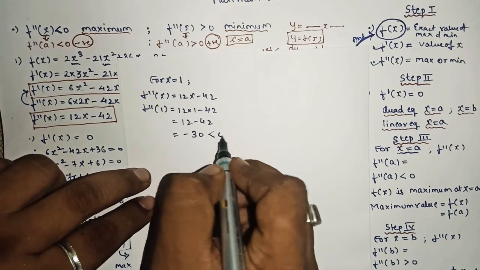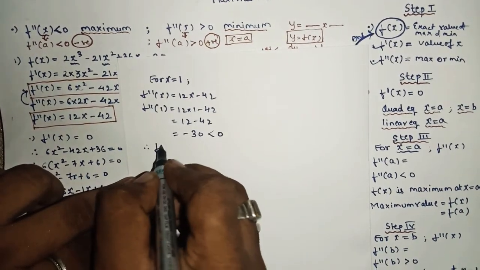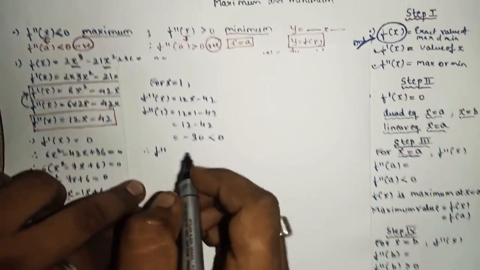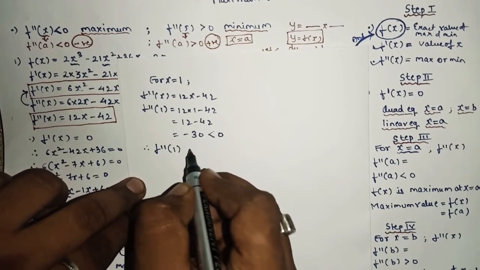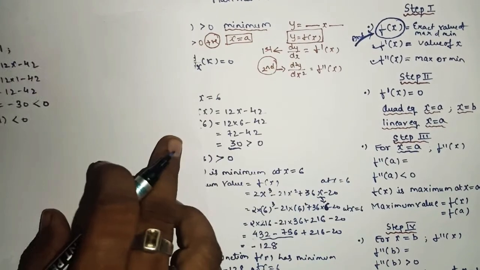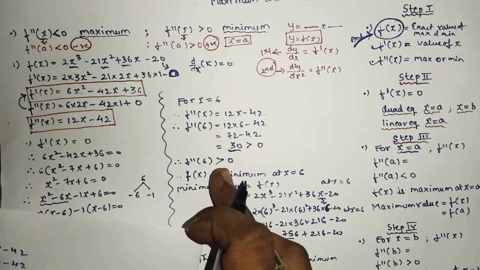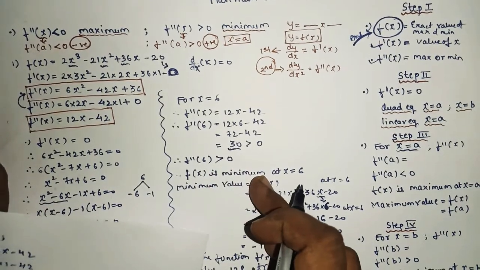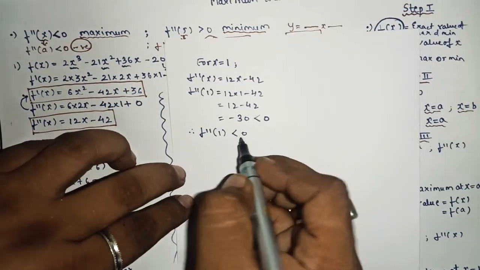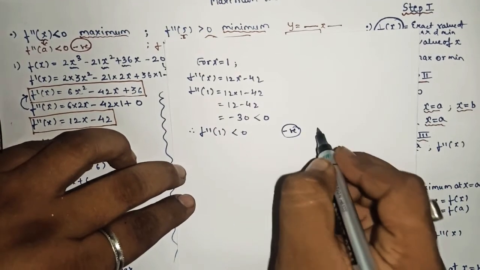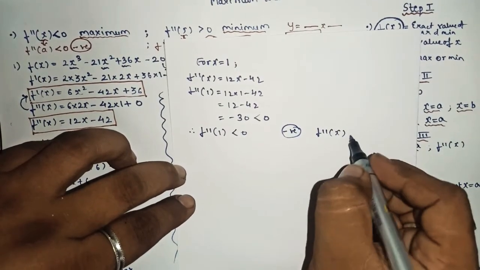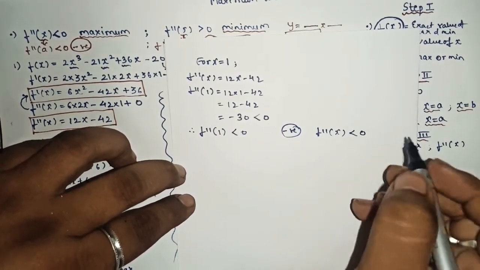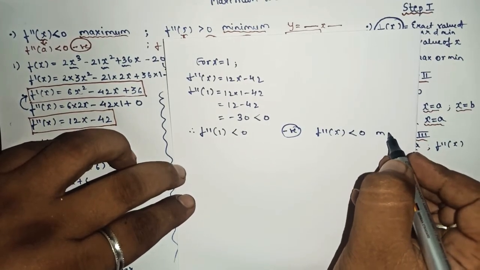And of course here we got a negative answer, which is always less than 0. So therefore here clearly we can see that f double dash of x at x equals to 1 is less than 0. So here we got the negative answer. If it is negative, that means the function is what?